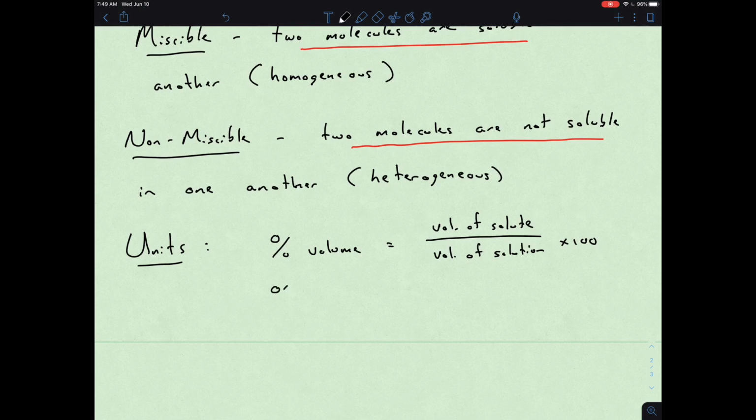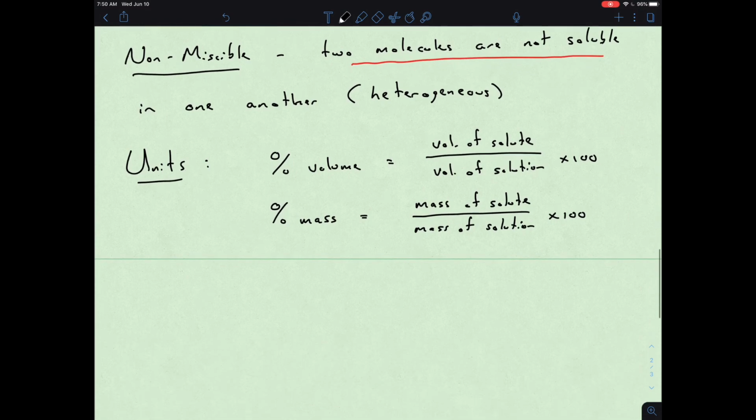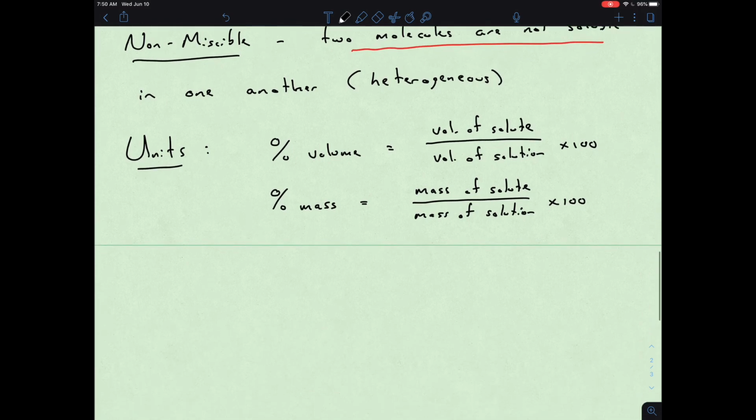We can also represent that as a mass percent, with mass of the solute over the total mass of the solution times 100. We've used those in the past.